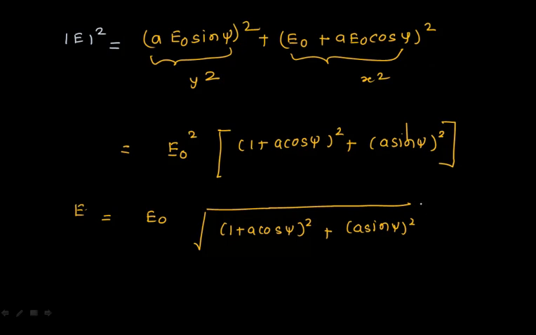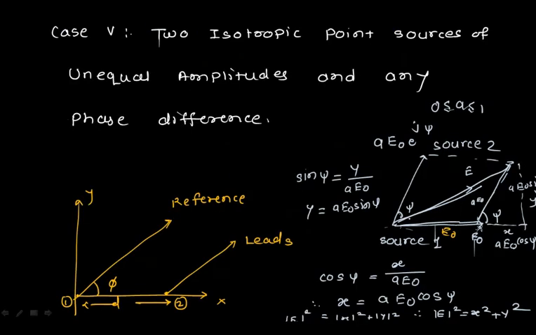So this is your amplitude. The angle of the resultant with respect to the reference, that is source 1, will be tan of x. If this is the angle x, then tan of x is this side divided by this side.